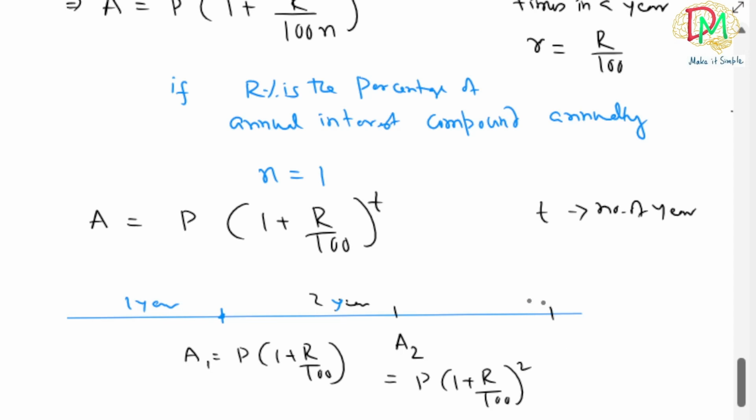After the second year, it will be P into (1 plus r by 100) squared. After the third year, it will be P into (1 plus r by 100) cubed, and so on.